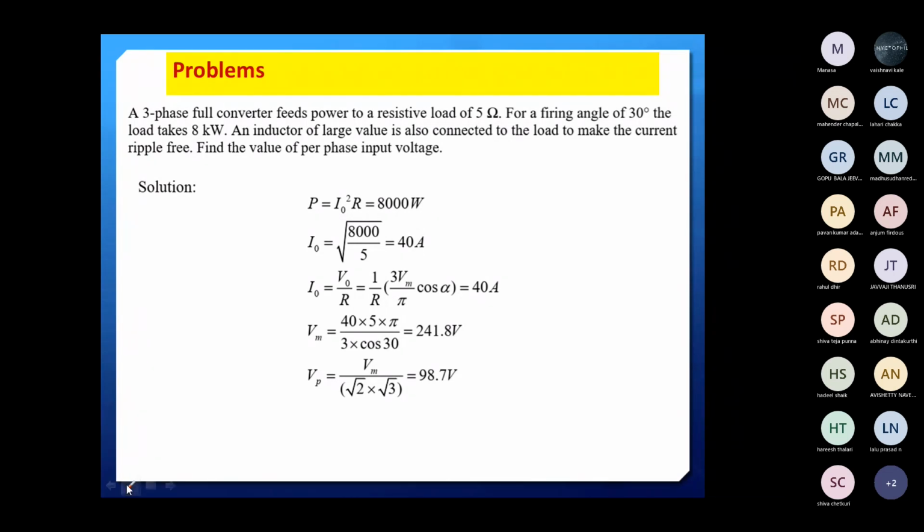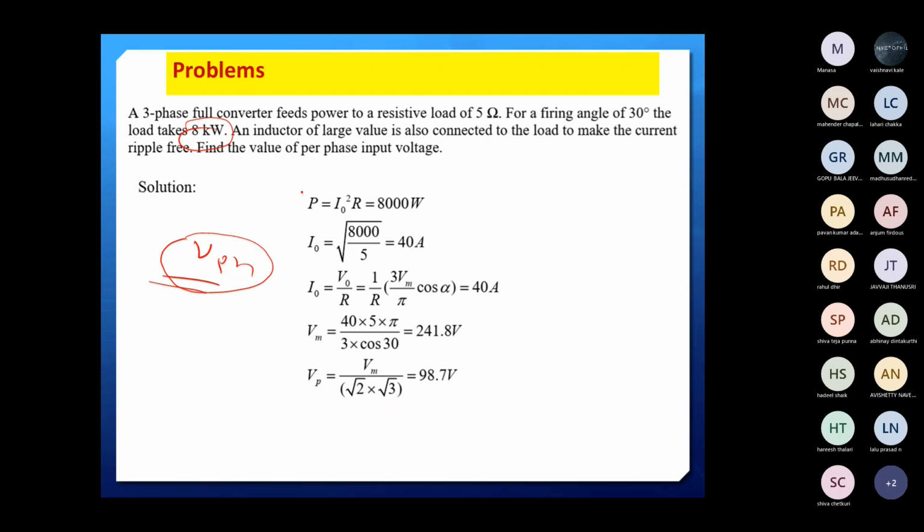So now we can see here the question, they asked for the voltage per phase. Supply voltage is not given, but the load is given, current is given, all the things are mentioned, and you have to find the per phase voltage. Now first you find the load current, because power is given as well as the resistance is given, we can easily get the current.